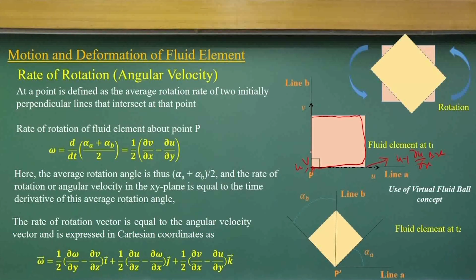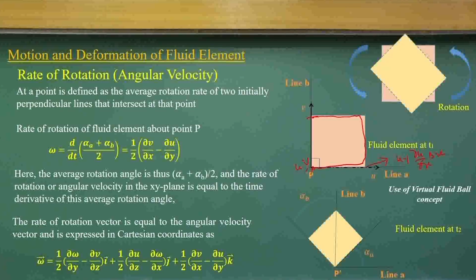If this is the v velocity here, at this point you will have v plus del v by del y into del y. What I am saying is that with u and v, it is a two-dimensional element that we have considered, which is easy to understand. The z direction is perpendicular to this surface, so it will have a rotation along the z direction, that is, a rotation in the x y plane.